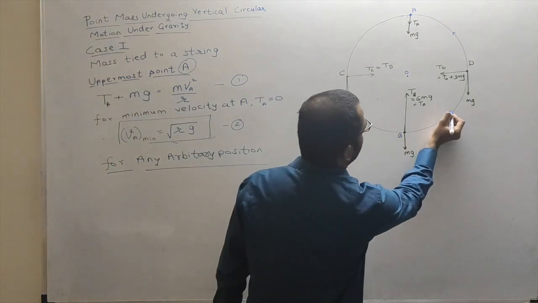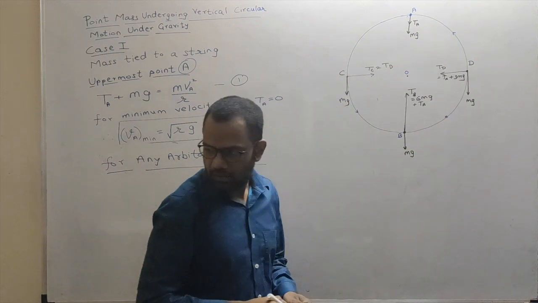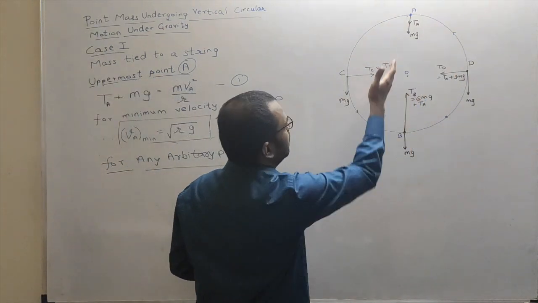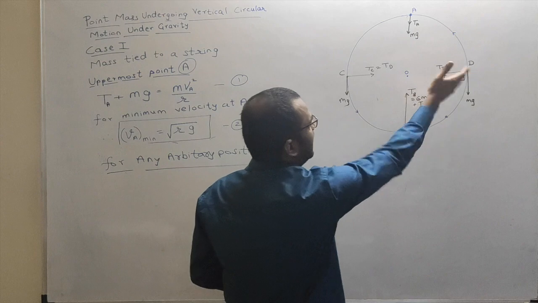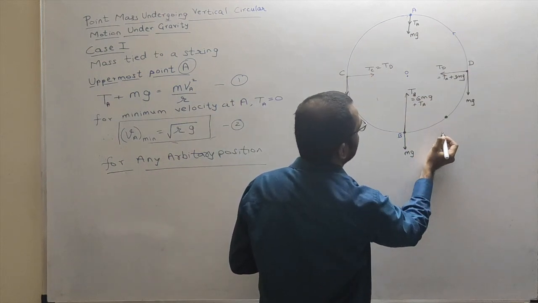Let us say this position. Now suppose the particle is over here. How should the equations be now? Now these were some special cases, right? Uppermost position, bottommost position and mid position. But what about if the particle is, suppose, over here, some random position?